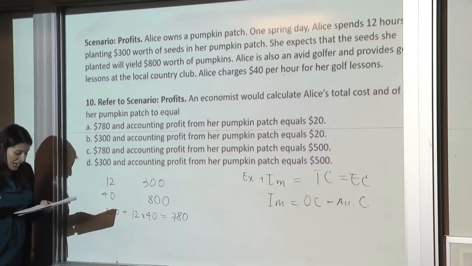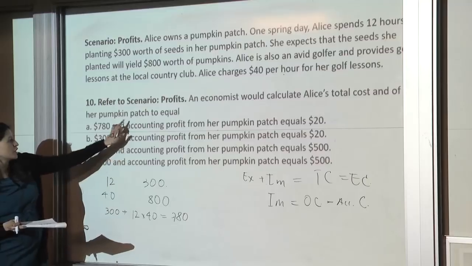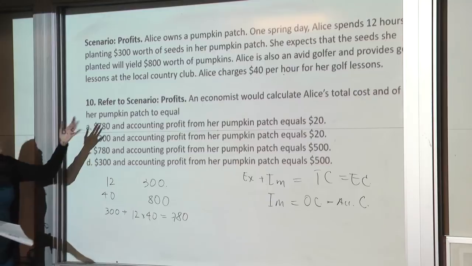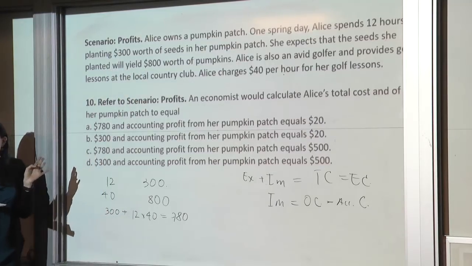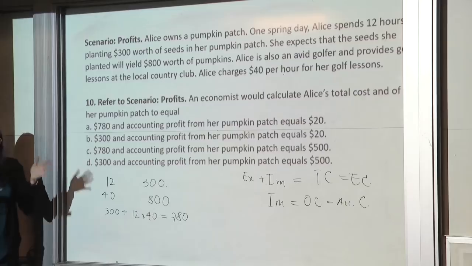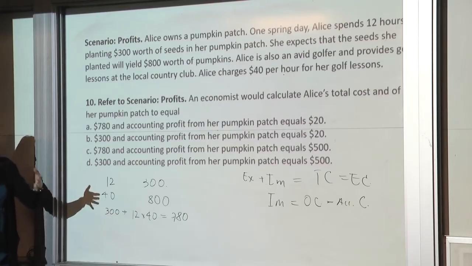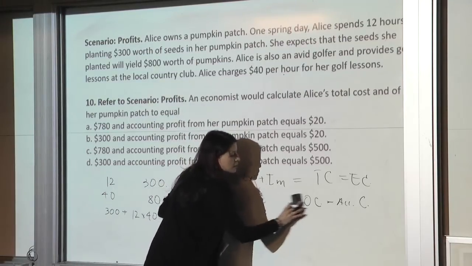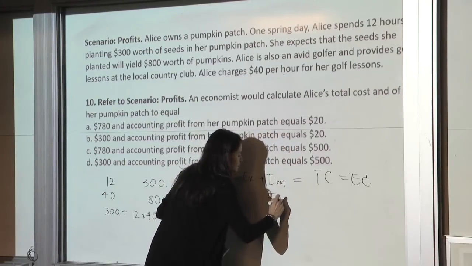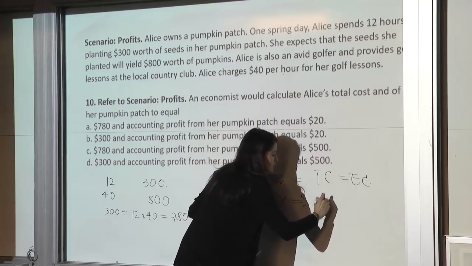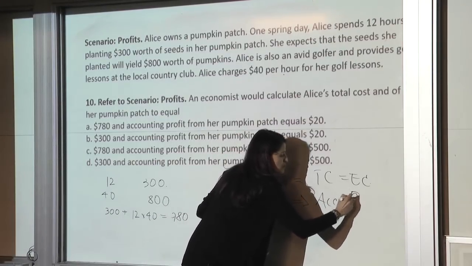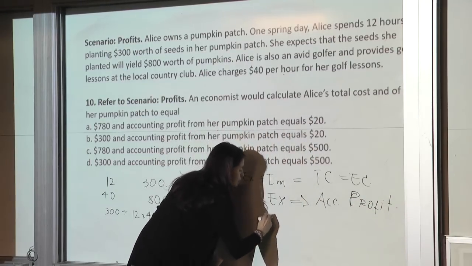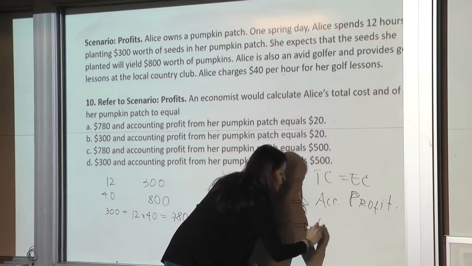And the accounting profit, because that is another thing that appears here, will be what? Just her revenue minus her explicit cost, right? Because that is accounting, what you can actually see. Economic cost includes the implicit cost. Oh, I made a mistake here. Explicit cost has to do with accounting profits, and implicit cost has something to do with economic cost.